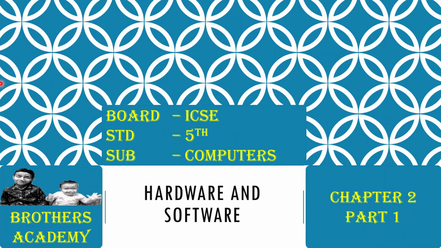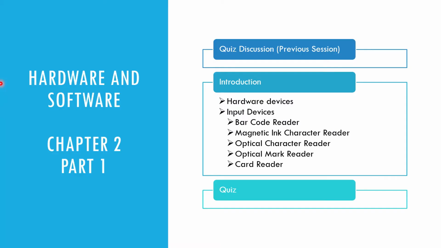Today we will talk about the second chapter of the computer book, Hardware and Software, chapter 2 part 1. In today's video we will discuss the questions raised in the previous session, followed by the introduction of chapter 2.